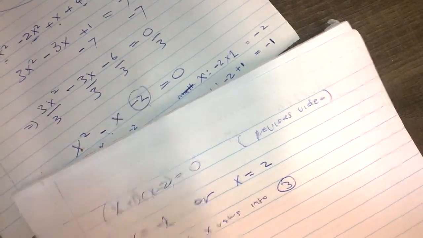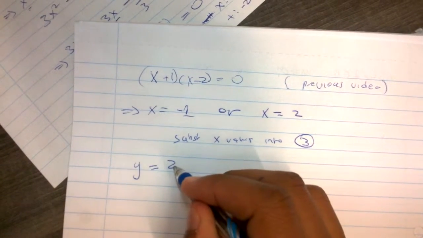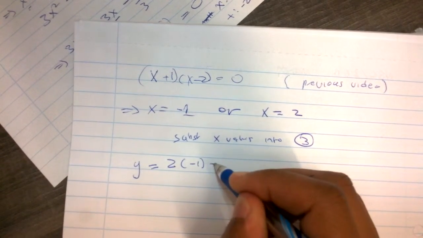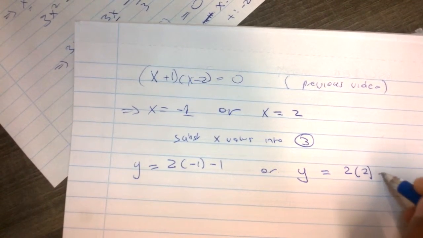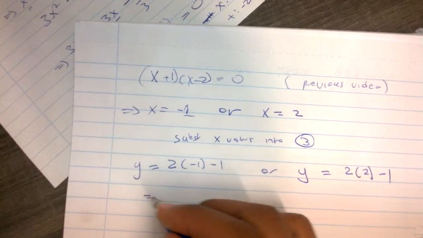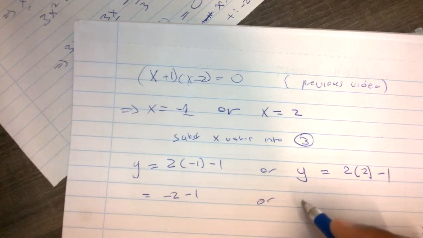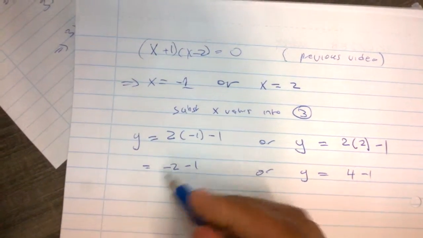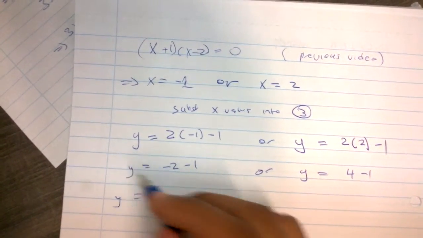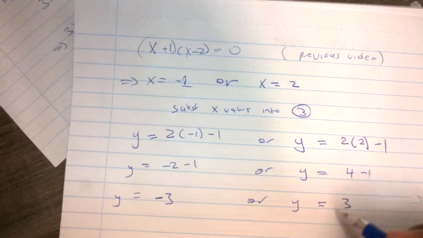By substituting these x values into 3, y equals 2 times -1 minus 1, or y equals 2 times 2 minus 1. Thus y equals -2 minus 1, or y equals 4 minus 1. And thus y equals -3, or y equals 3.